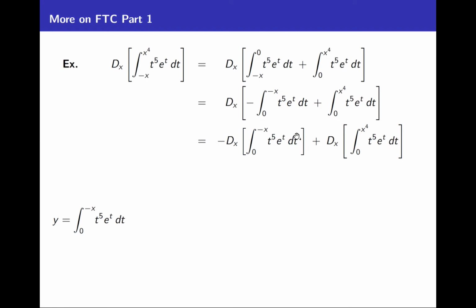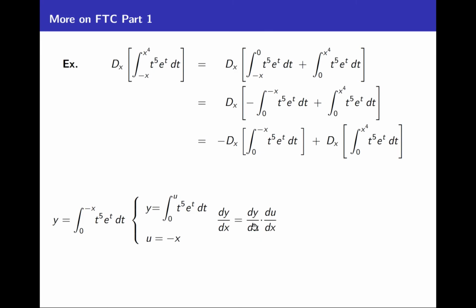The function we want to differentiate is y equals the integral from 0 to minus x, t to the 5th e to the t dt, and that breaks up as a composition, y equals the integral from 0 to u, t to the 5th e to the t dt, where u is equal to minus x. So the derivative dy dx that we're looking for, by the chain rule, equals dy du times du dx.